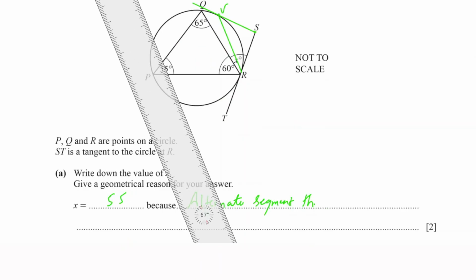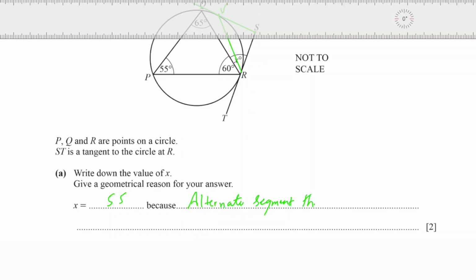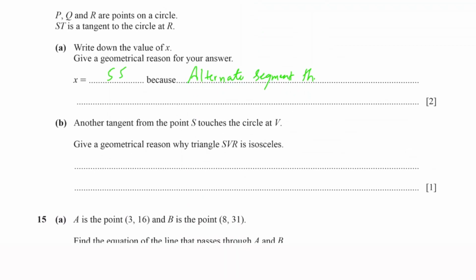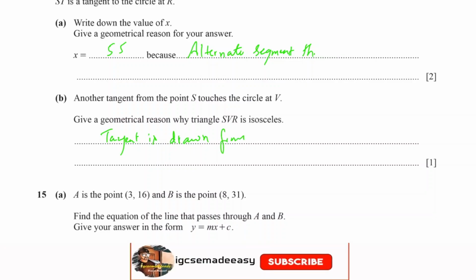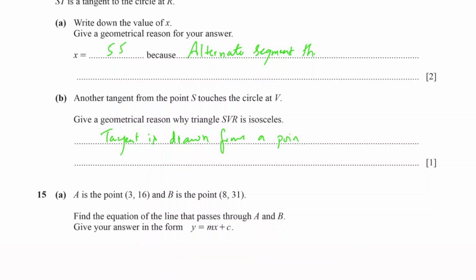Because whenever a tangent is drawn from an external point to the circle, the tangent lengths are equal.